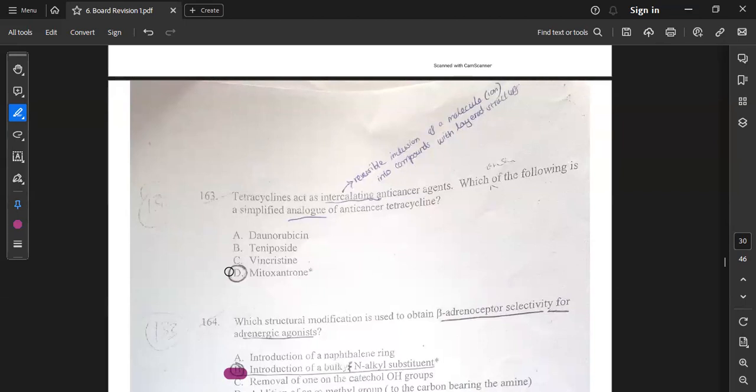There's a question. Alopecia. What causes alopecia? Which drug will cause alopecia? Yes, all anti-cancers generally because of their mode of action.